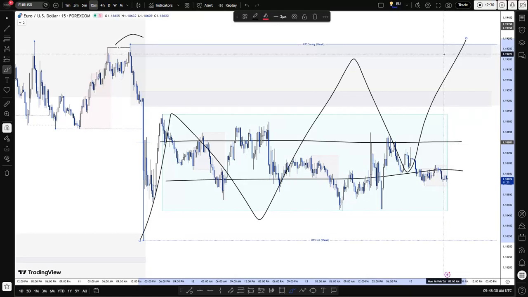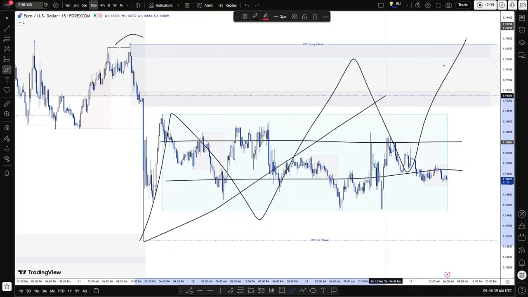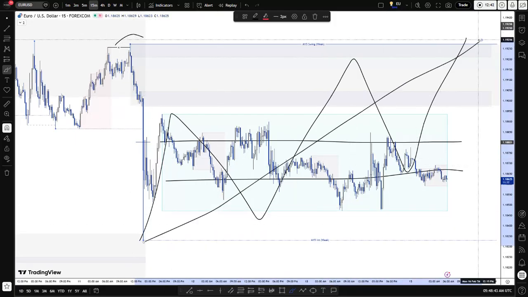And also on the daily time frame, if the M15 swing remains bullish, it could be good, because it will be suggesting that price is likely targeting the daily weak internal high.